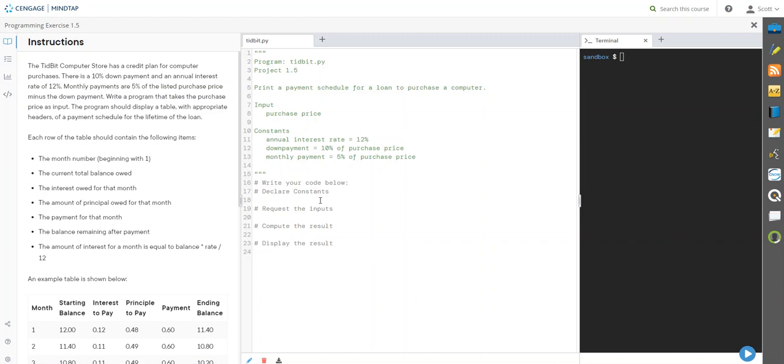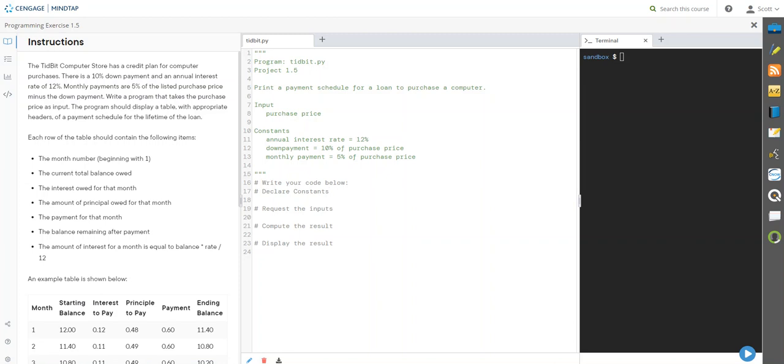Let's say declare constants. Now, how do we know something is a constant? Annual interest rate. That's not a constant, a variable. I can't use that syntax. So I've got to do this a little bit more formally.